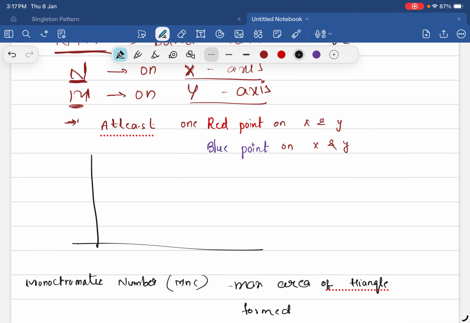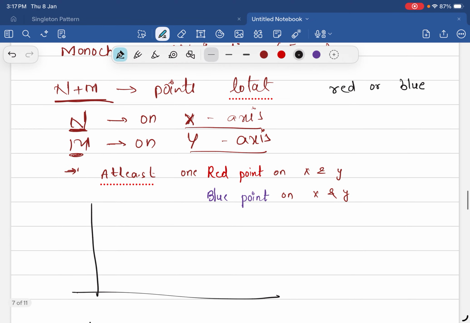if you have a coordinate plane, this coordinate plane will contain n points on the x-axis and there will be m points on the y-axis. Okay, now we have to color in such a way that at least one red should be there on the x-axis and there should be at least one blue on the x-axis.